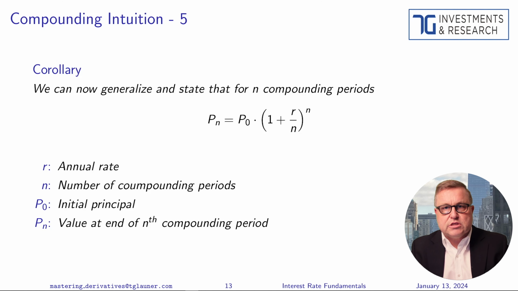The initial principal amount is represented by P0, while Pn signifies the value of your principal after n compounding periods. When considering rates, understanding the frequency of compounding is important, especially as SOFR is a daily compounded rate, and you should always be aware what type of rate you're working with.